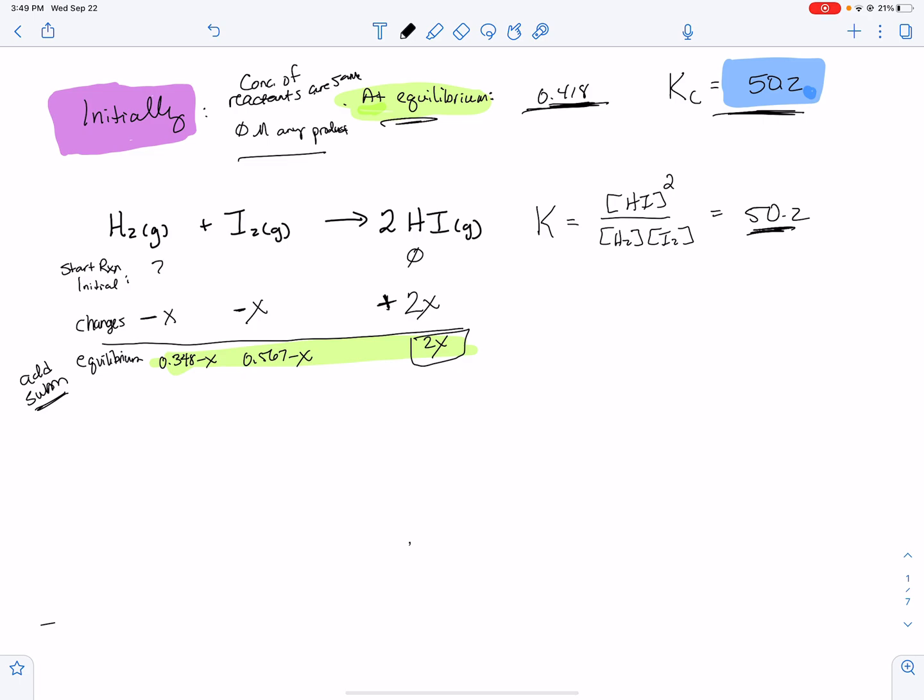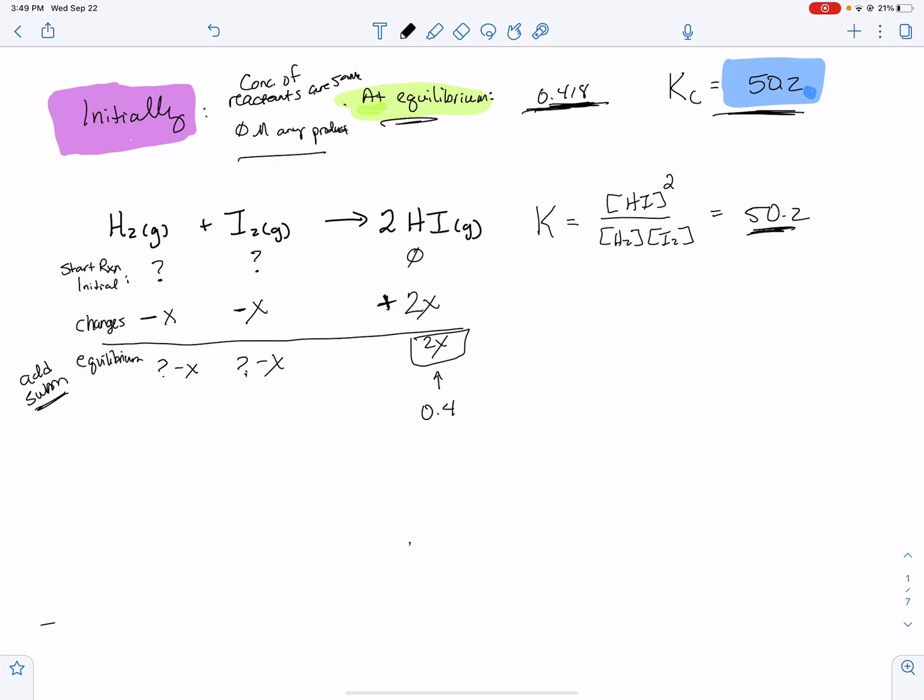So we would put something else in, like a question mark. I don't know what that is, but I do know what x is. So question mark minus x, question mark minus x.